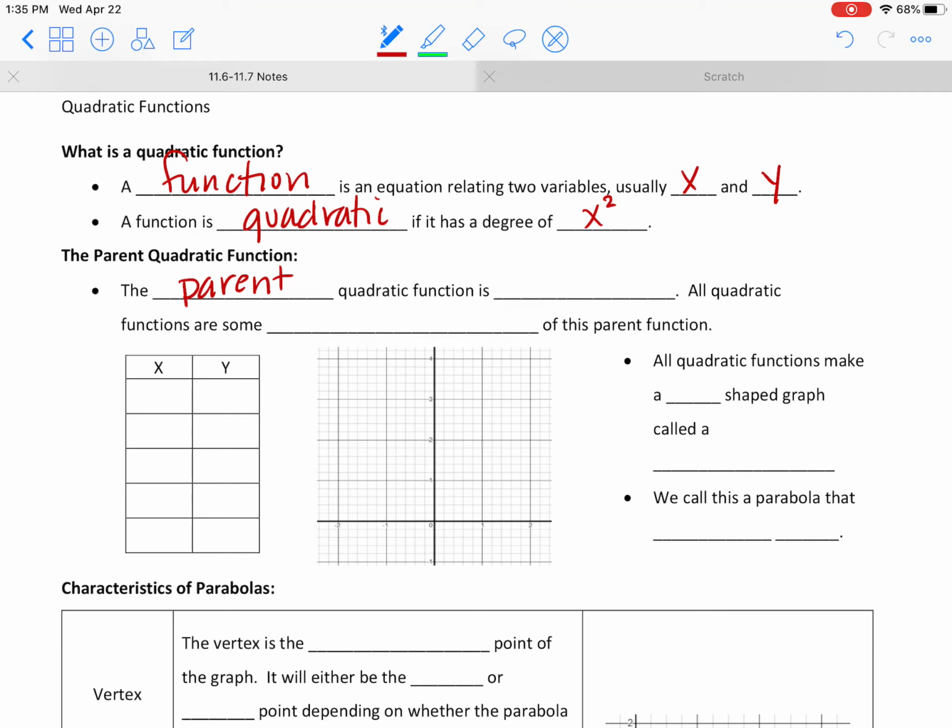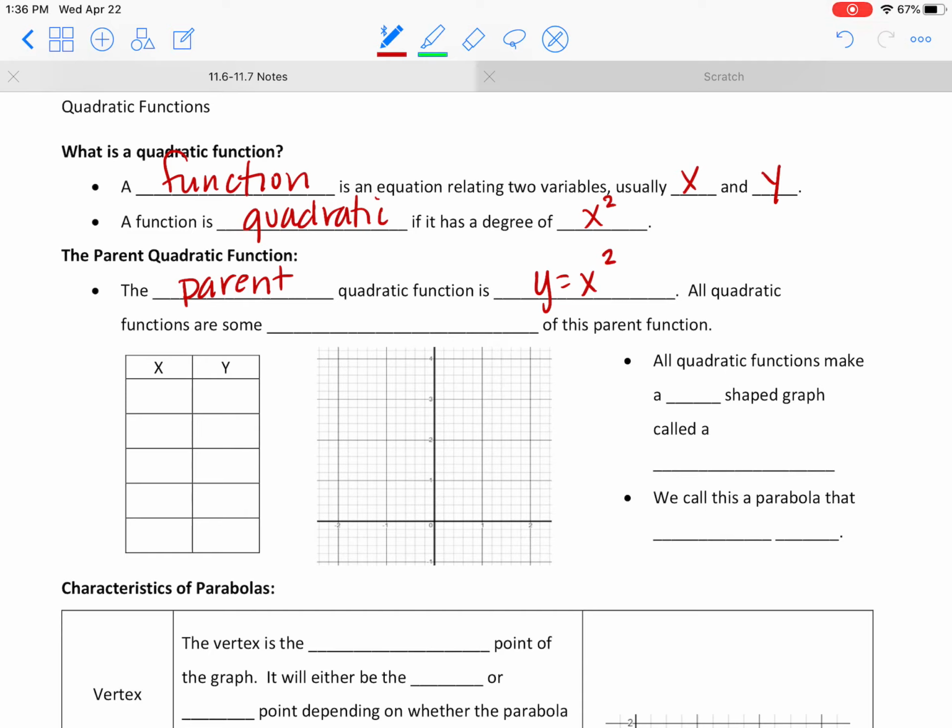So we're going to be looking at the graphs of quadratic functions today, and we're going to start with the parent quadratic function. The parent quadratic function is like the basis for all quadratic functions. It is the one quadratic function that all other quadratic functions are based on. And the parent is exactly what makes it a function, the y and the x in your equation, and what makes it quadratic is the square on the x.